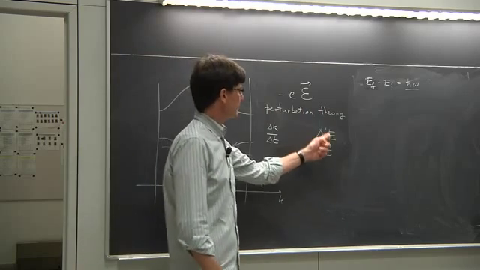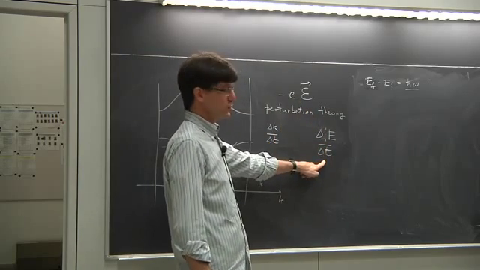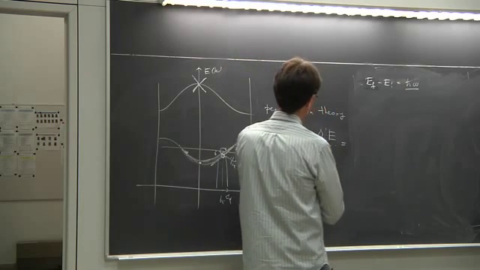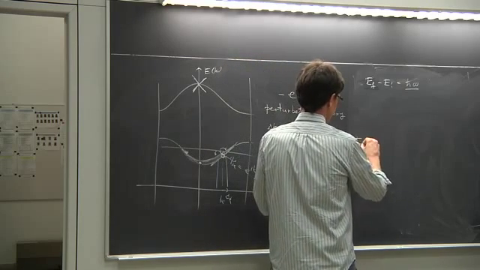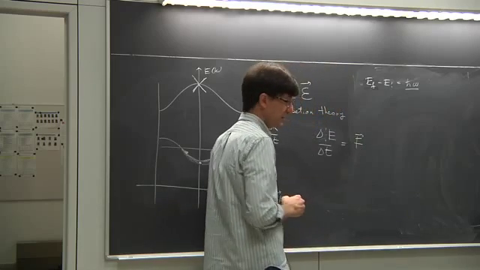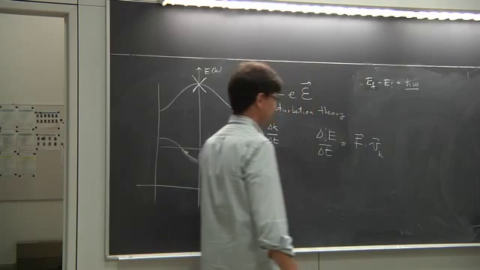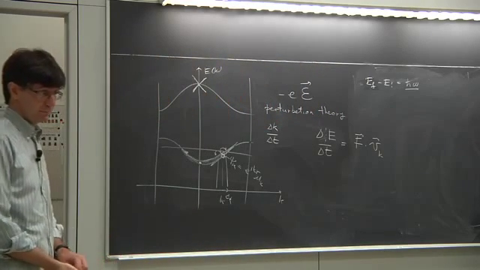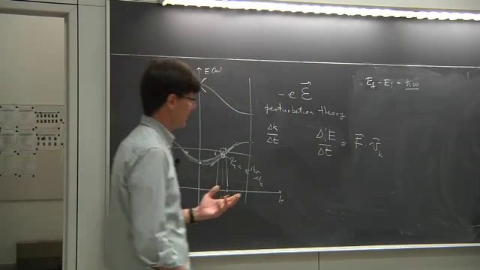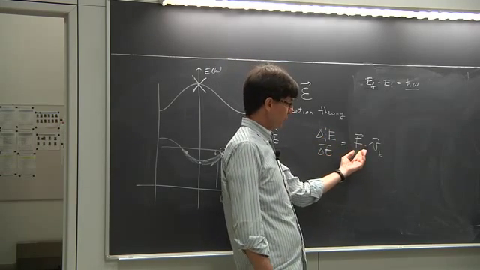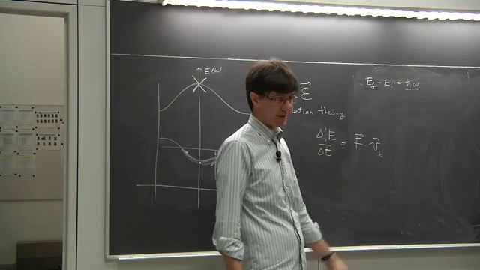The amount of energy that my external perturbation gives to my system in a small time t will have to be the force acting on the electron times its velocity. Right? That's just classical mechanics, by the way. The change of energy that I give to my system has to be proportional to the force times the velocity of my particle.